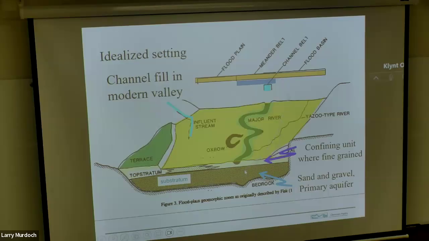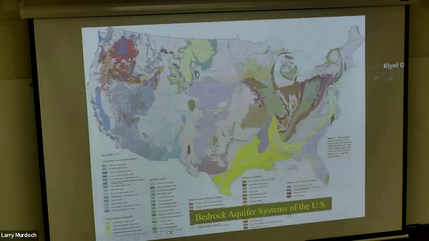So in this river valley, we could have both confined and unconfined aquifers, and it could be a couple hundred feet thick in sand and gravel, so they're really good, productive aquifers where they occur. Okay, but they're not around here, so much for that.